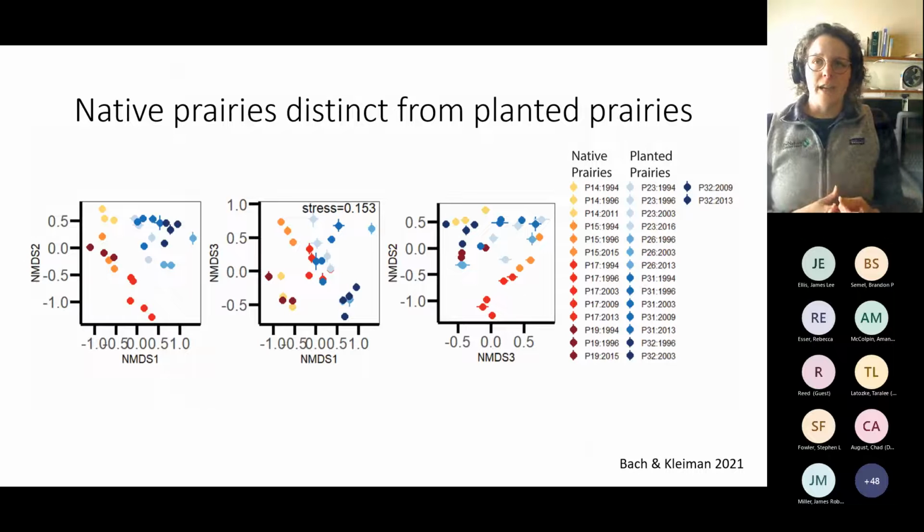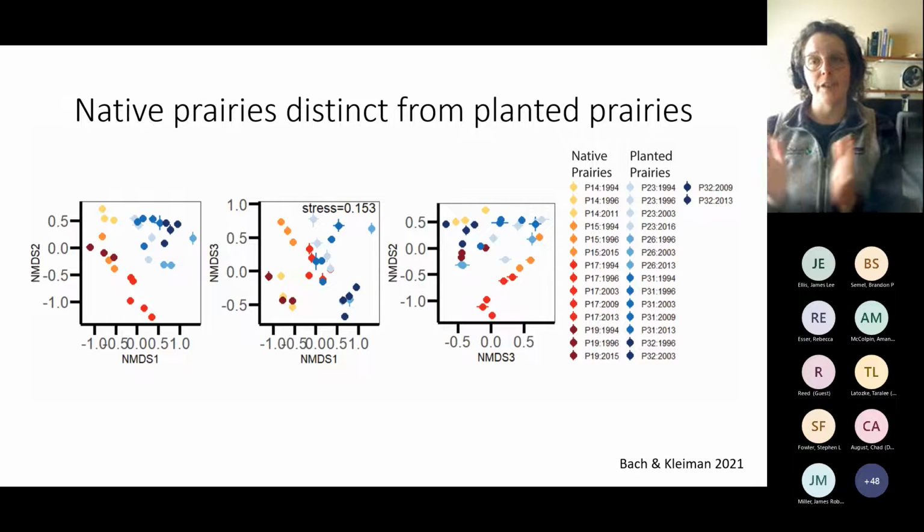The second question: looking at how the native prairies stack up compared to the planted reconstructed prairies. Again, we're looking at one of these visualizations from 3 different angles. The warm colors, the reds and yellows, are native prairie transects, and the cool colors, the blues, are planted reconstructed prairies.